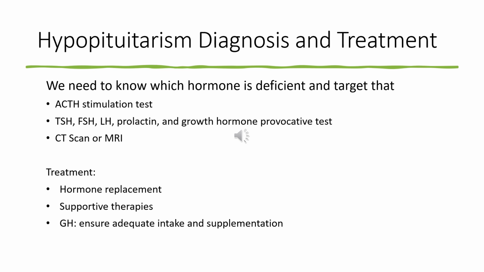We will have to do some supplementation. So growth hormone is kind of difficult to manage because we have different levels throughout the day. We may need supportive therapies such as fluid and electrolyte replacement, and we want to manage growth hormone because of that bone density and that risk for osteoporosis.